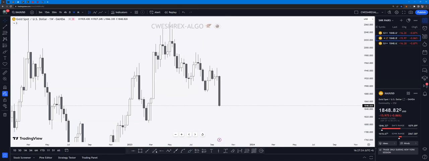By significant, I simply mean this candle broke this level. It closed bearish below this support. So it is significant, and that's why its gap level becomes important.